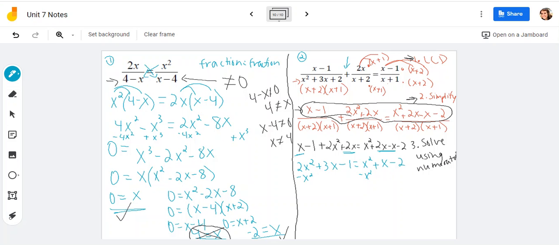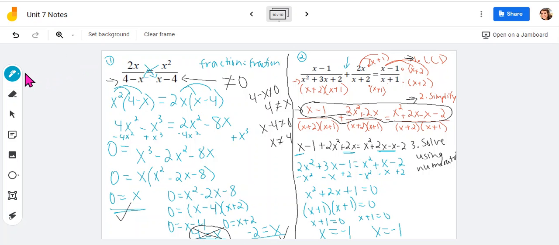So I'm going to subtract x squared, subtract x, and add this 2. So I end up with x squared plus 2x plus 1 equals 0. Using my magic numbers, I see that this factors into x plus 1 times x plus 1. So x plus 1 equals 0, x plus 1 equals 0, meaning that x equals -1 is the only solution we get here.